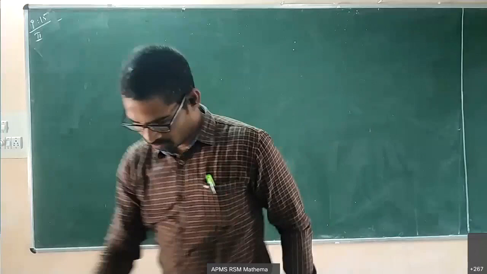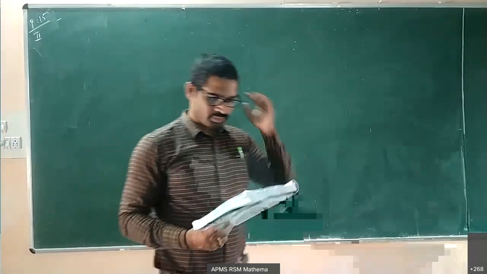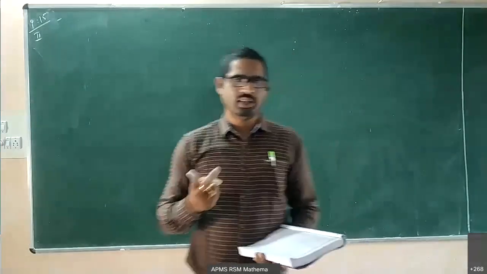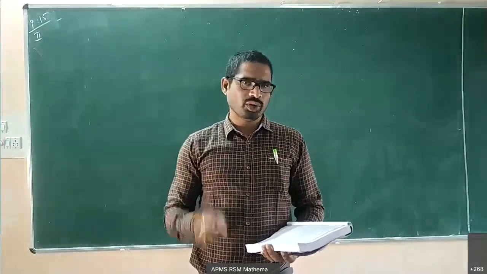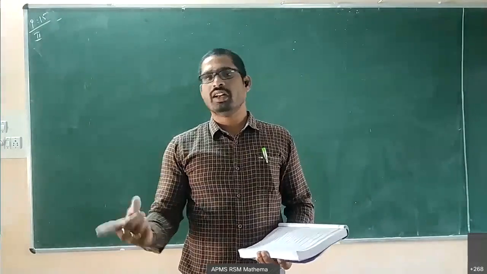The third one: show that (2 minus i) divided by (1 minus 2i) whole square and (minus 2 minus 11i) divided by 25 are conjugate to each other. Two complex numbers are given. We need to show that the first number is the conjugate of the second one, and vice versa.